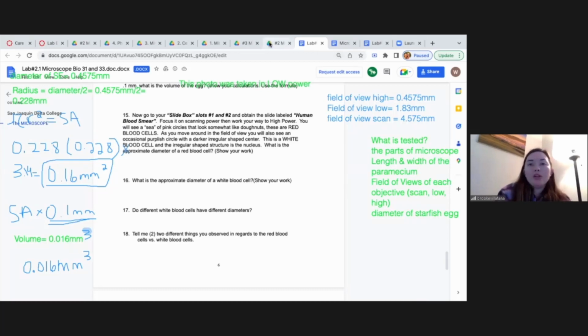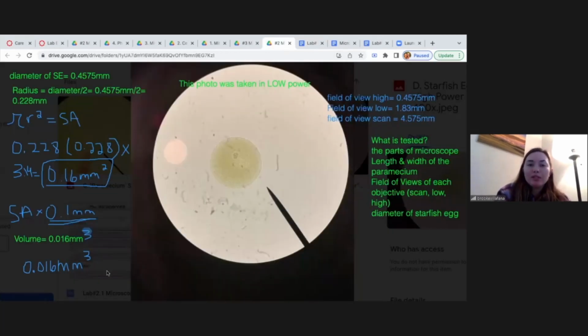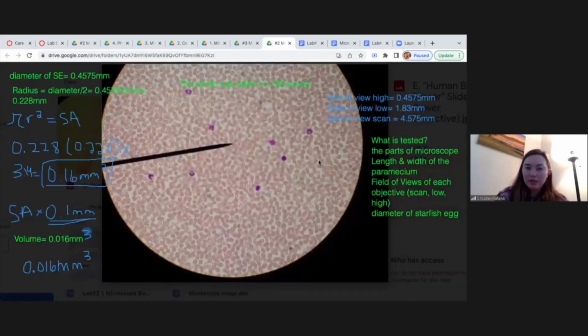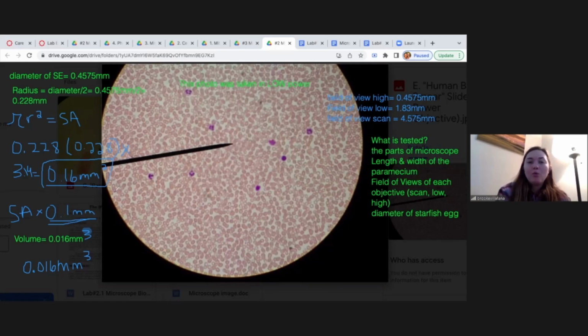What we're going to use for that is a blood smear. You're not likely to be asked this on the exam because, as you can see, these are really small compared to everything else we've done. Like I was just telling Michaela, how are you supposed to accurately guess how many of this little cell fit across the circle?